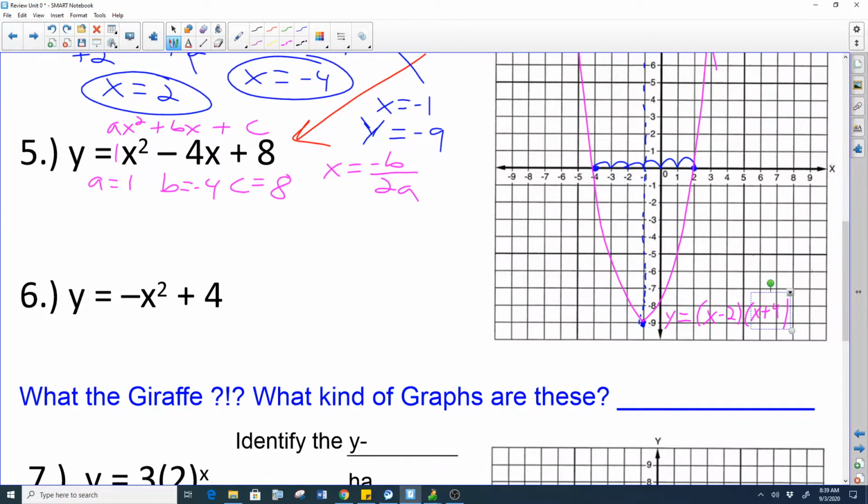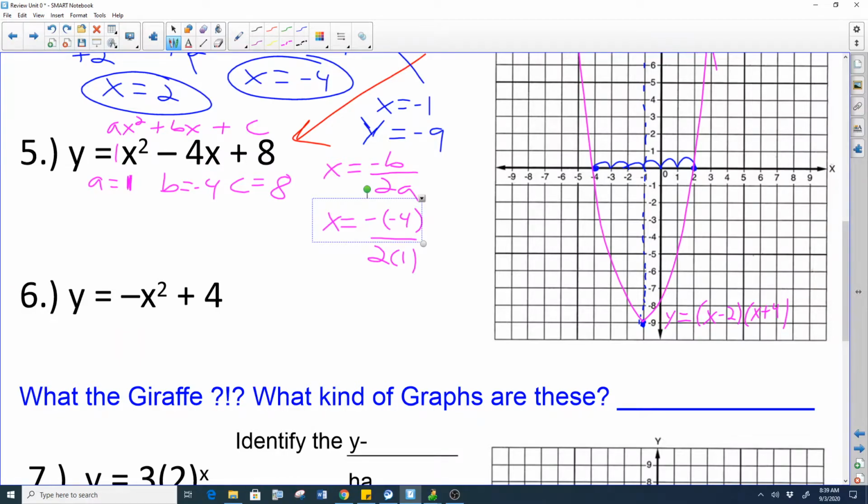But we definitely need our A and our B to do our formula. Again, what is this formula? It's to find the vertex. Okay, so we're going to do x equals negative b. But what if B is negative? Well, then it's a negative negative, so it's a positive. A was the 1 there.